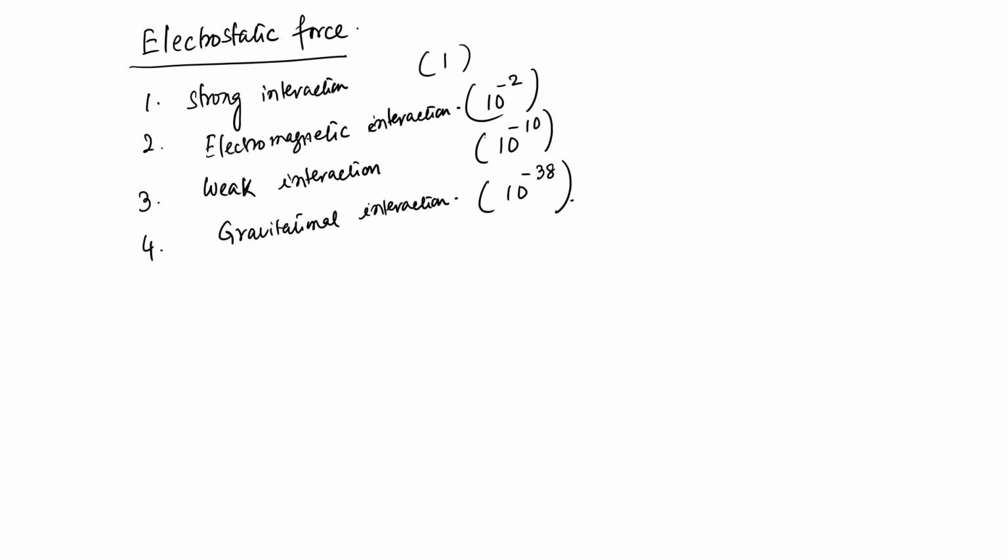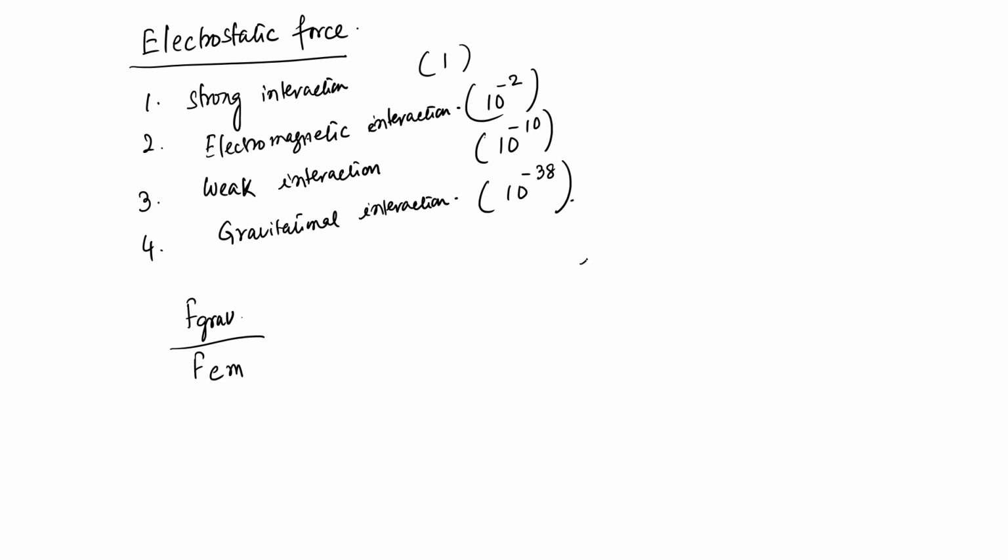Okay. So, how strong are the electromagnetic interactions compared to the gravitational interactions? If we take a ratio and try to calculate it, that is F_gravity divided by F_EM, the electromagnetic force, and do it for an electron.